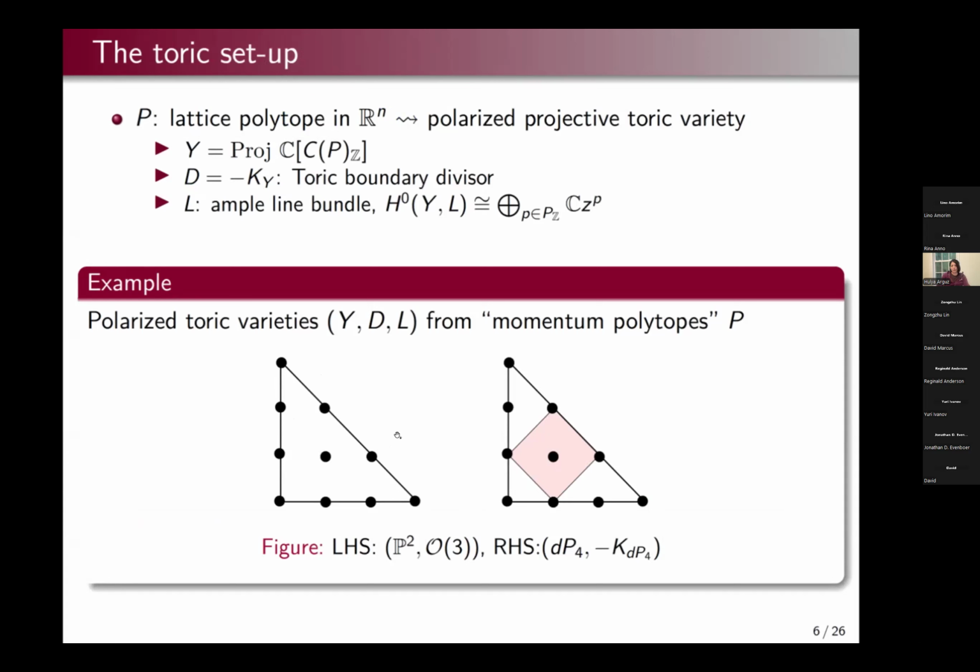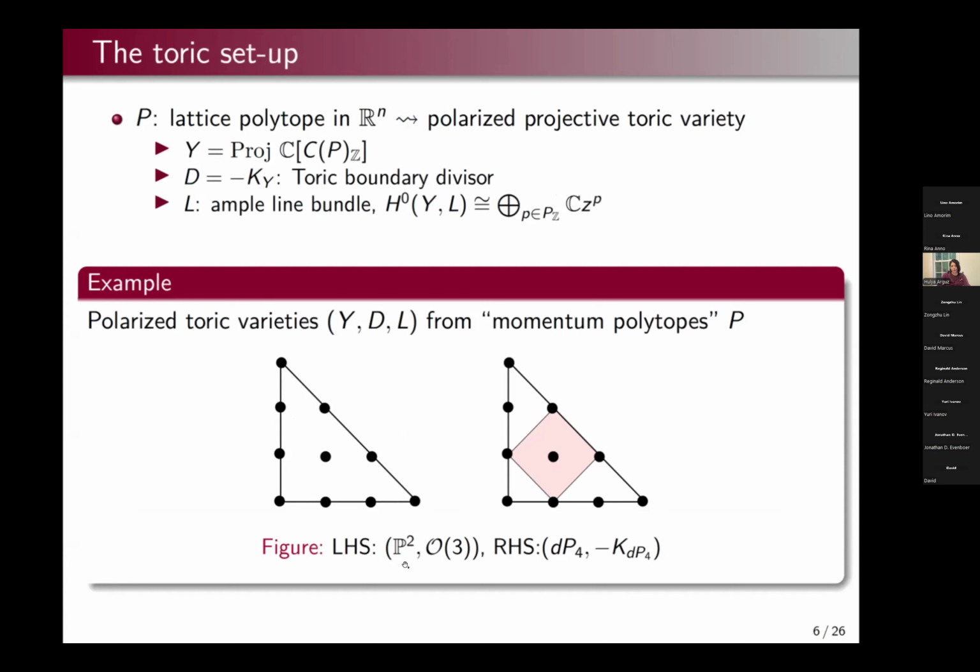And when you do toric geometry, when you draw your polytopes, it is known that the ample line bundle that corresponds to this data has sections which have a monomial basis whose elements are indexed by integral points in your lattice polytope.